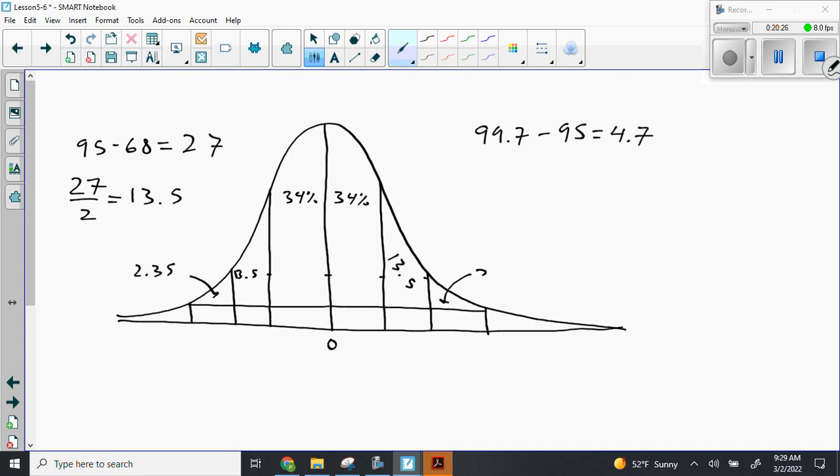This one is 2.35. And what's left is 0.3 divided by 2. Sorry, 0.03 divided by 2. This is 0.015. And this one is 0.015. And that's all your areas in percentages.